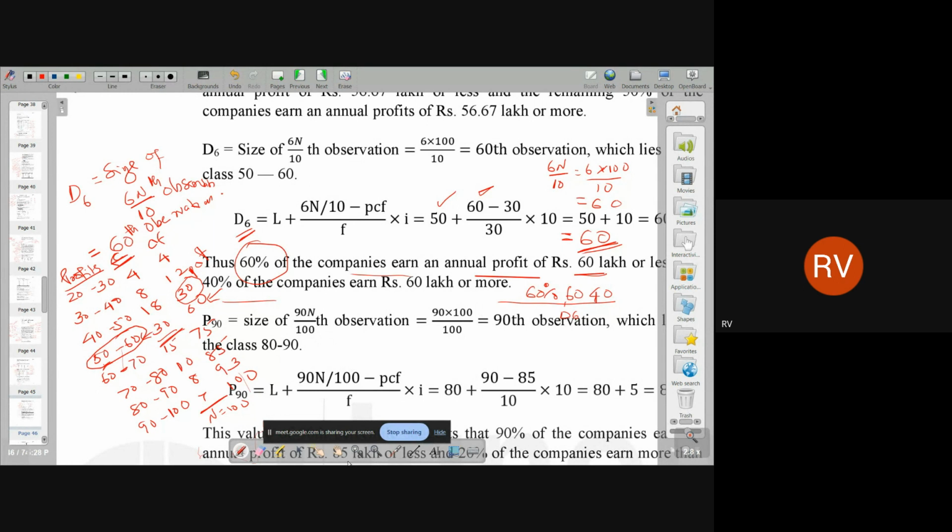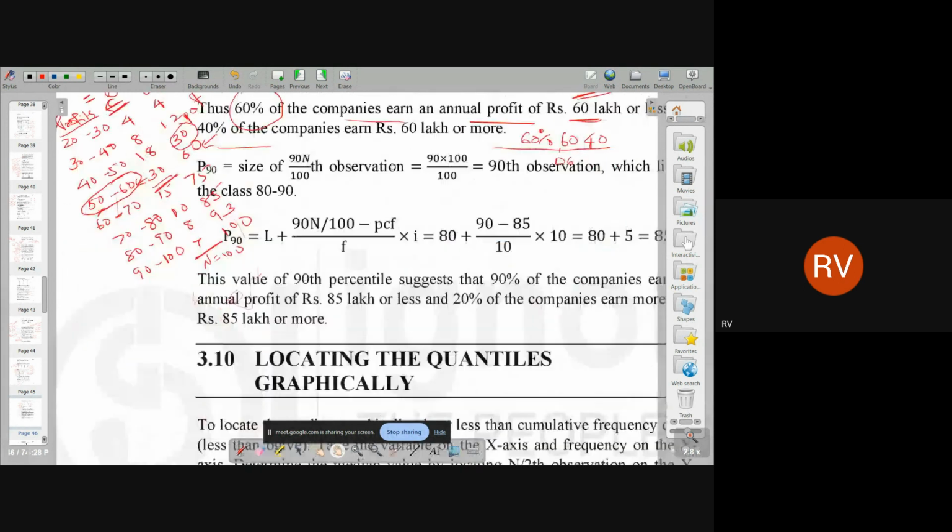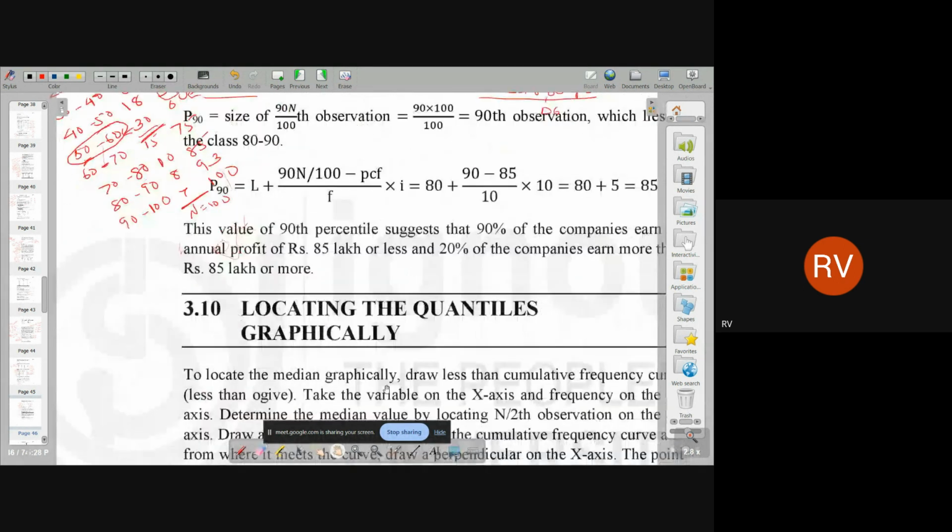P90 is L plus 90n by 100 minus PCF by F, into the class width. 90n by 100 means 90%.